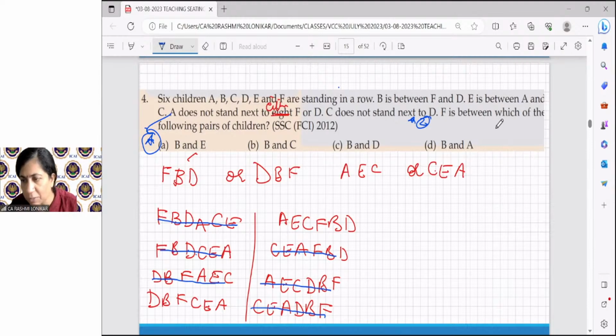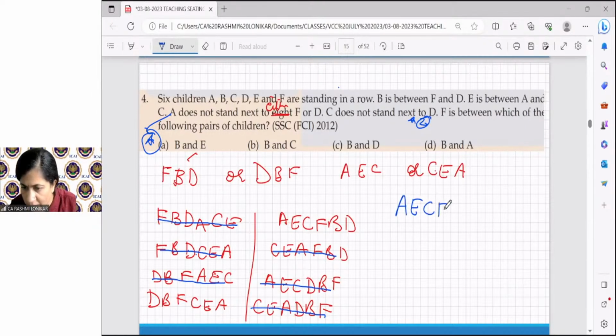Now, F is between which of the following pairs? Here we have these two. A does not stand next to F or D, and C does not stand next to D. Both these conditions are satisfied. So what do I have?